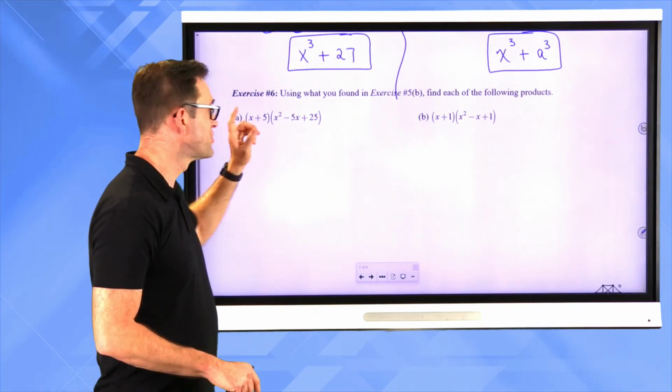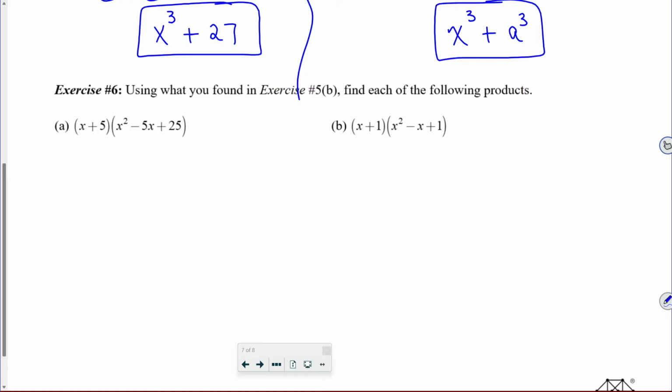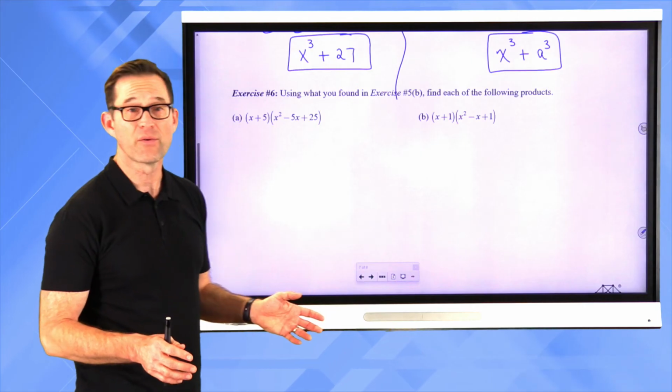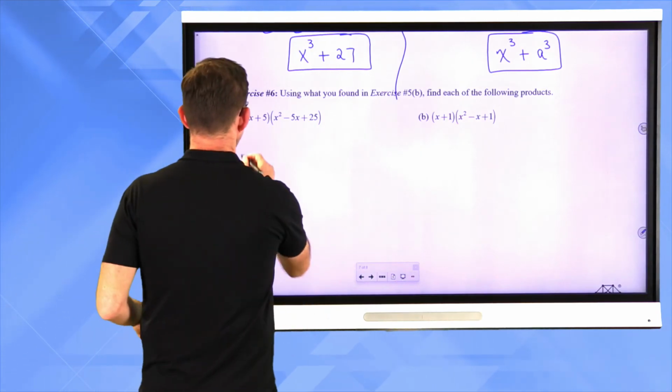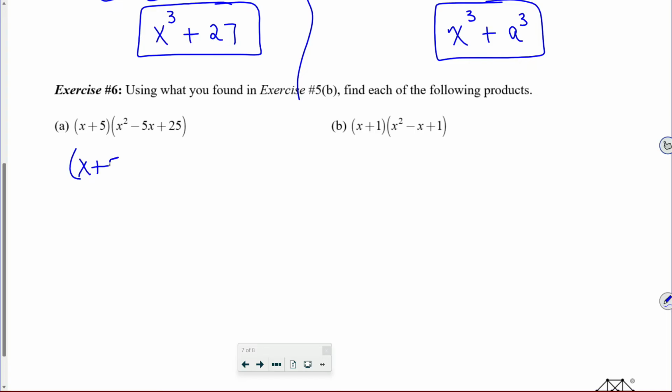So, exercise number 6, using what you found in exercise 5b, find each of the following products. Letter A, x plus 5 times x squared minus 5x plus 25. Well, keep in mind, what this really looks like is x plus 5 times x squared minus 5x plus 5 squared.